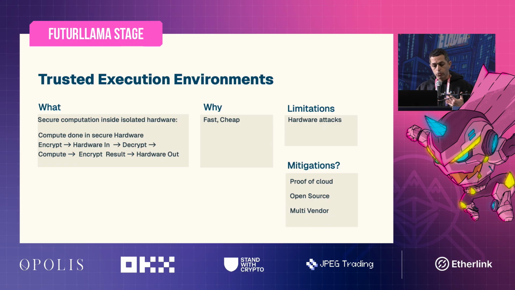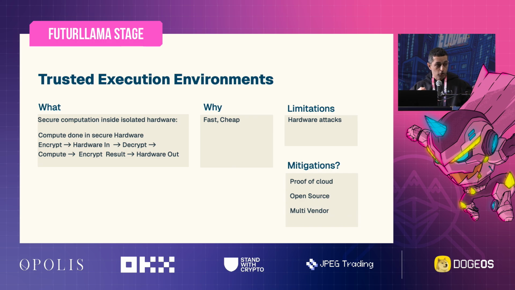So the flow that you would execute is that you would take the transaction or the data that you want to compute on, you would encrypt that data, you would send that encrypted data to the trusted execution environment, in which it will actually be decrypted and computed as decrypted content inside a trusted execution environment, only for then to have the computation result encrypted again and sent back as a result.